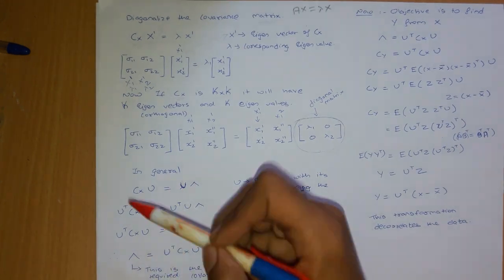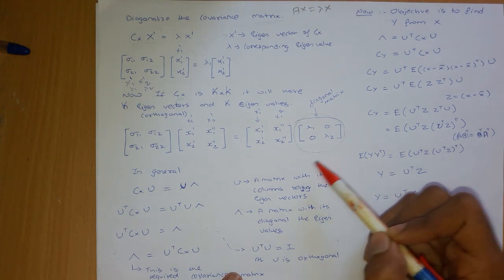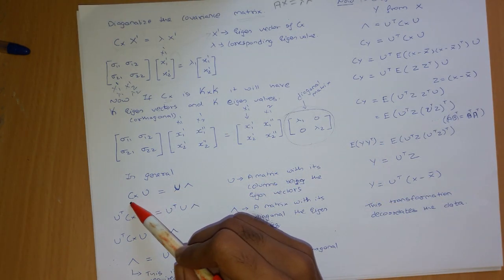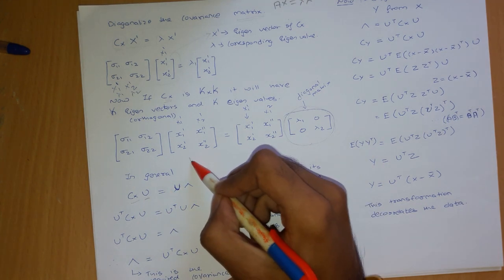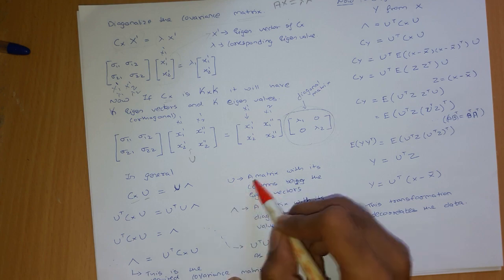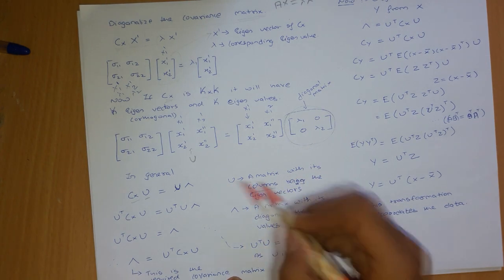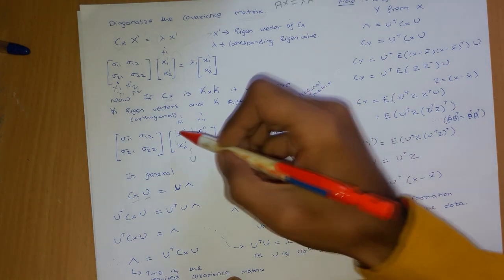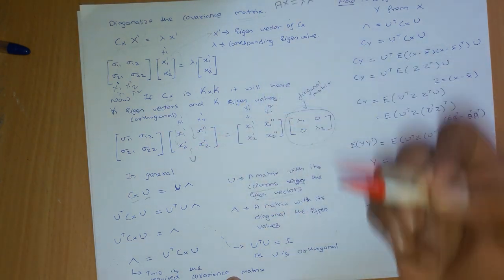So this was just for 2 cross 2, I just wanted to show you the visualization. In general it will be Cx into some u, which I can term as a u vector, where u is a matrix whose columns are the eigenvectors. This is the first eigenvector, this is the second eigenvector.